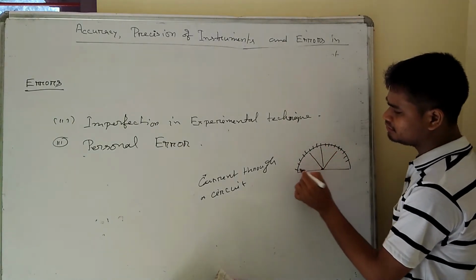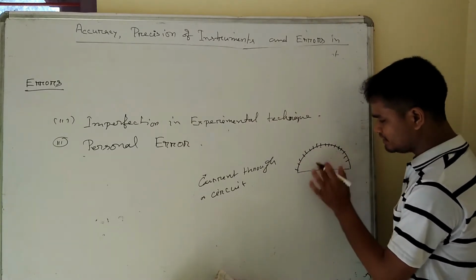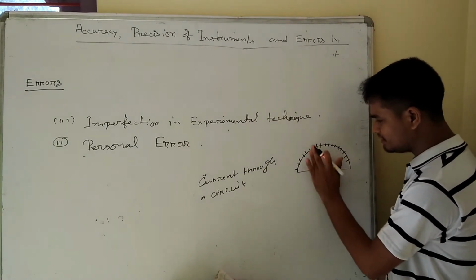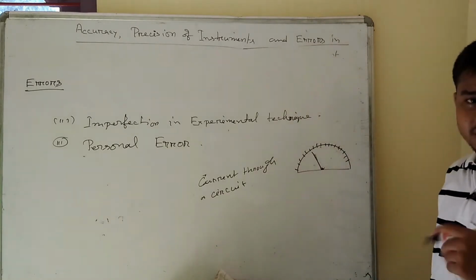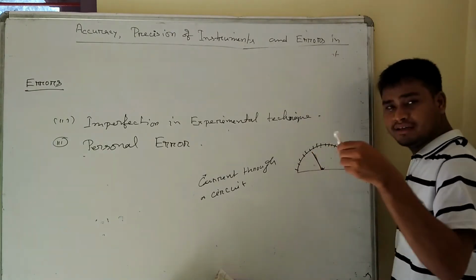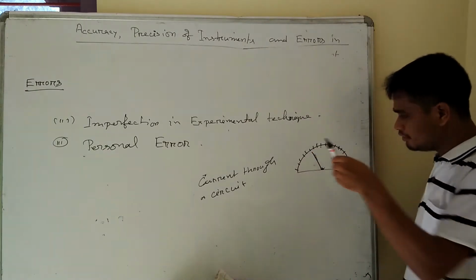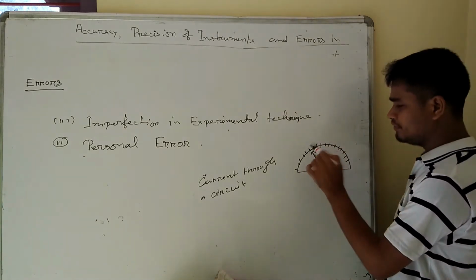There is a scale. Okay, let us consider the needle is like this. In this case, if we see from the top of the arrow, then we will get this value.